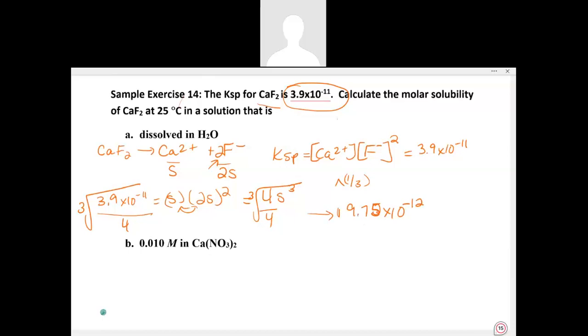And once you take the cube root of that, we're going to find that our S that we solve for, our solubility, is going to be 2.1 times 10 to the negative 4 molar. All right, so we solved for the solubility when our calcium fluoride is dissolved in water.